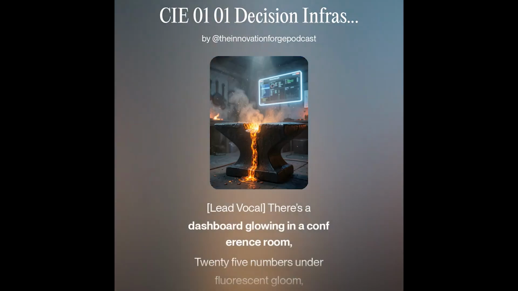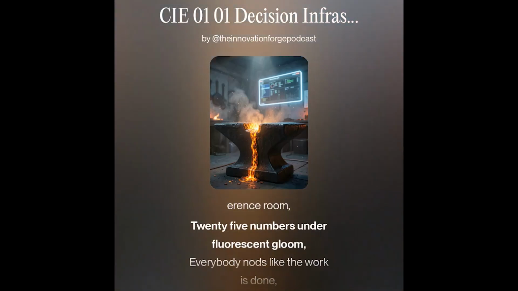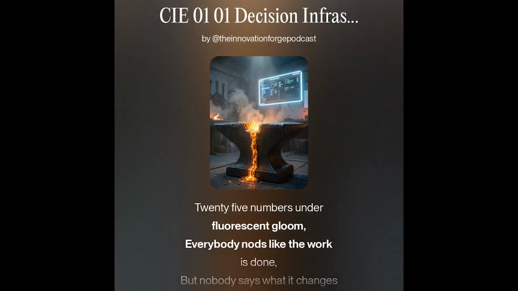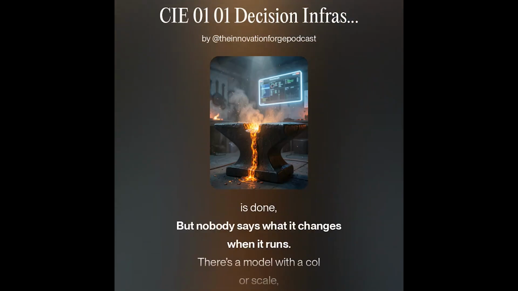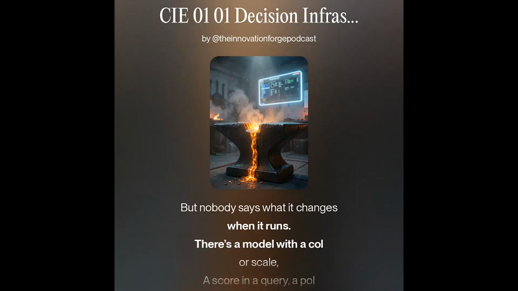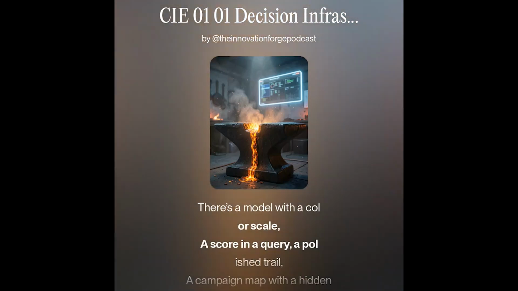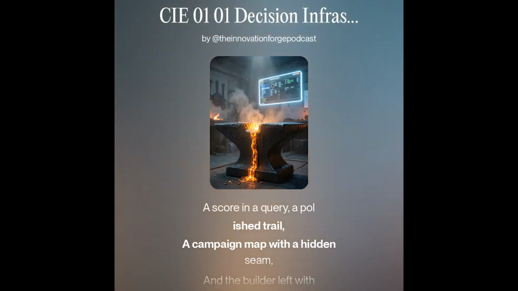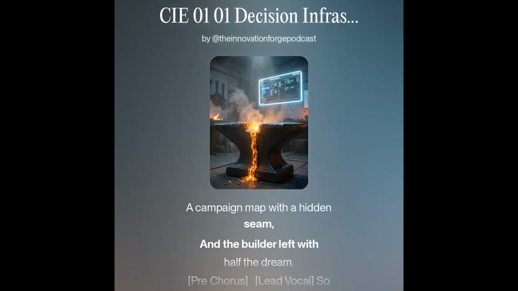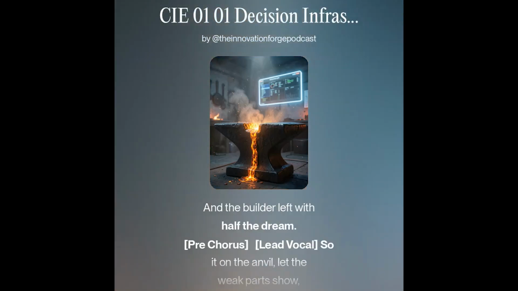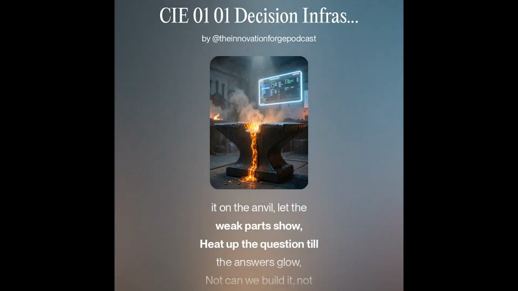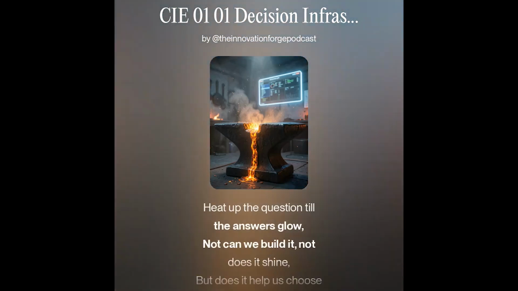There's a dashboard glowing in a conference room, 25 numbers under fluorescent gloom. Everybody nods like the work is done, but nobody says what it changes when it runs. There's a model with the color scale, a score in a query, a polished trail, a campaign map with a hidden seam, and the builder left with half the dream. So put it on the envelope, let the weak part show. Heat up the question till the answers glow.